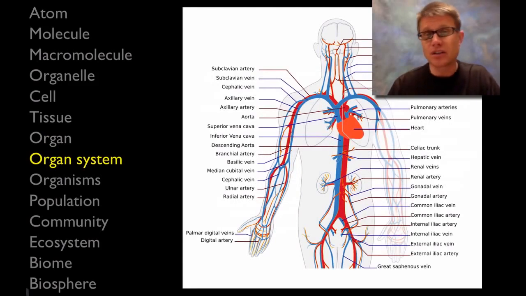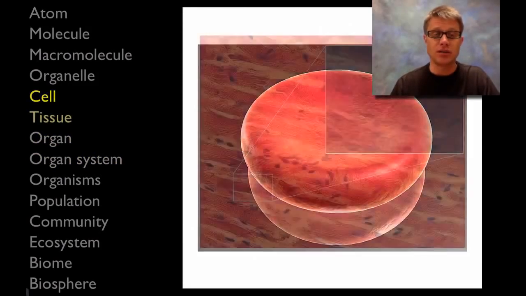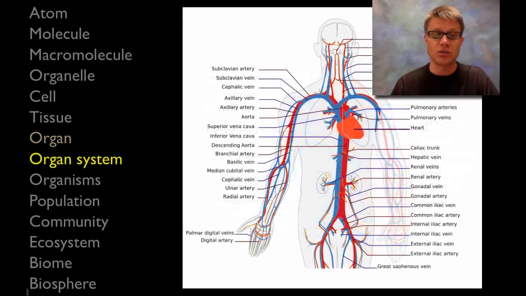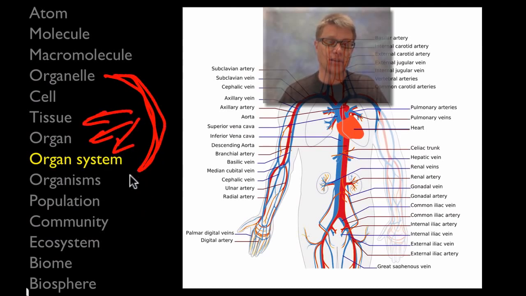But not all of this is anatomy and physiology. Anatomy and physiology really begins at the level of the cells, tissues, organs, and organ systems. And so this is our anatomy and physiology area. We spend a lot of time here on organs, tissues, and organ systems. As we get up here, this gets more into the ecology, so we won't spend a lot of time up there.